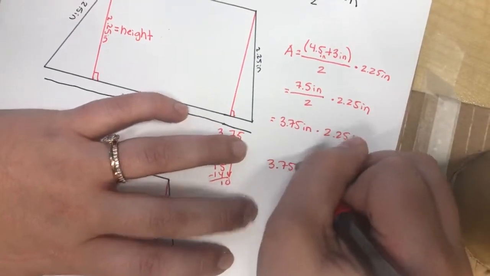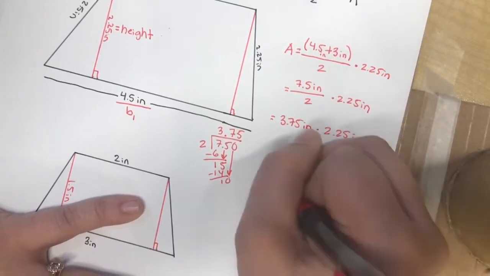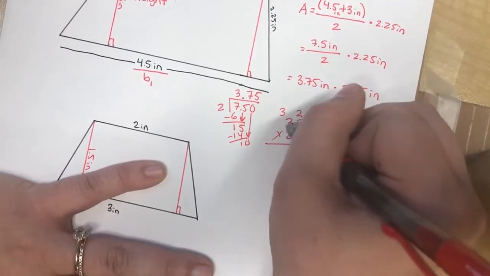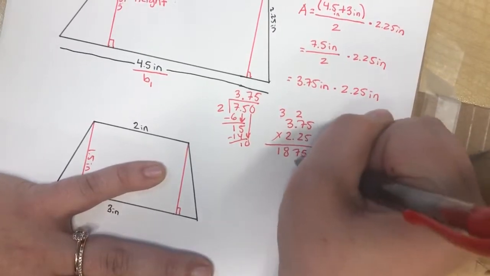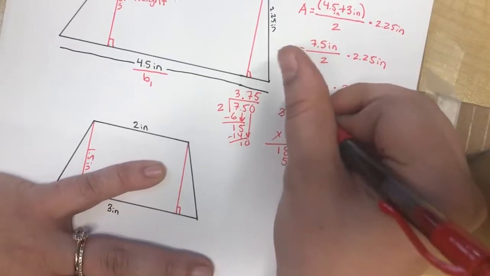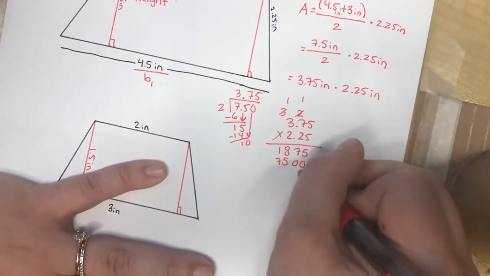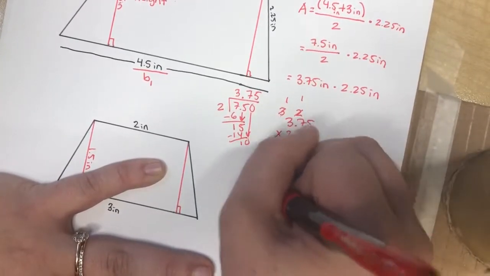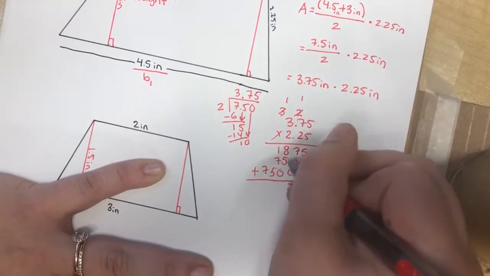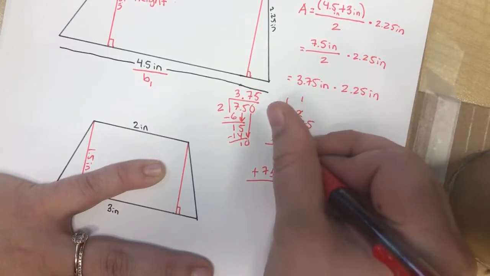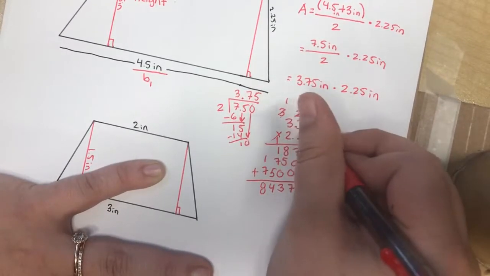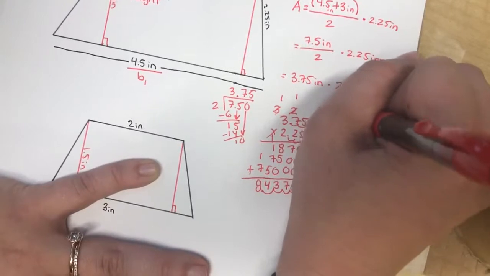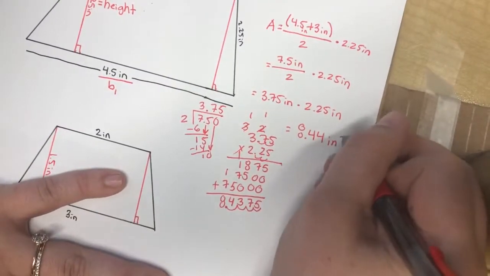So let's multiply those together. So this is going to be 8.44 inches squared.